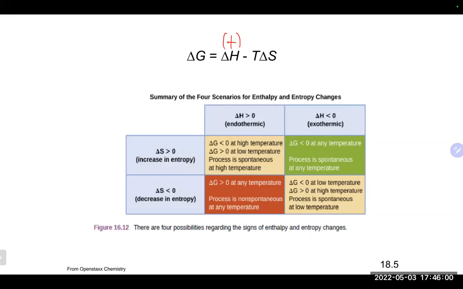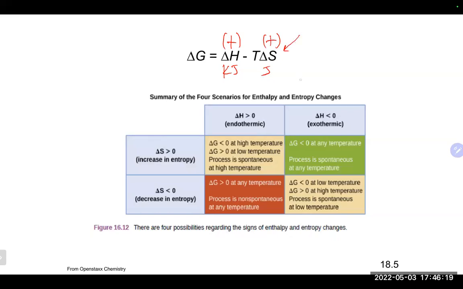Our delta S, if it was increasing in entropy, would also be a positive number. So in that situation, you also have to remember that we talked about units. This guy is kilojoules, this guy is joules, and there is about a 1,000-fold difference between them.